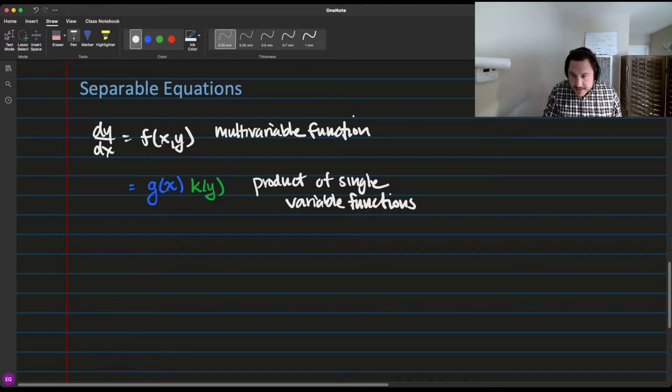Sometimes we also like to write it as the quotient of two single variable functions, in which case we call it g of x divided by h of y.